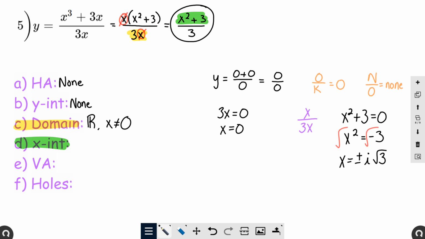No. So our x-intercept is not visible, so we say none.